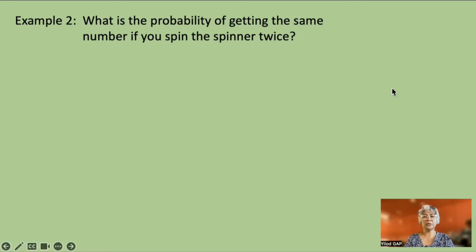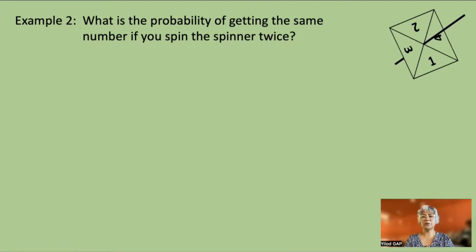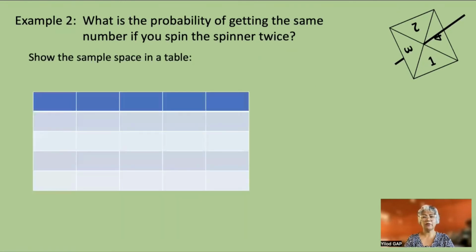All right, let's take the second example. So question, what is the probability of getting the same number if you spin the spinner twice? Let's have the spinner there. The possible outcomes are 1, 2, 3, and 4. Before we can answer that question, we need to show the sample space in a table. So we have that table.